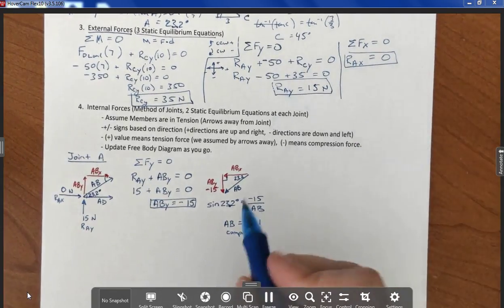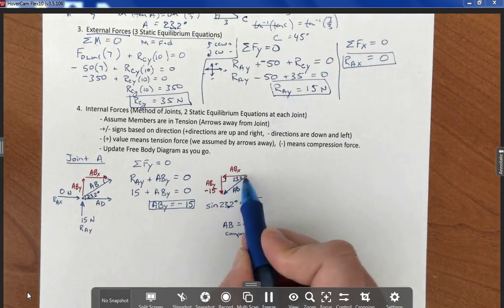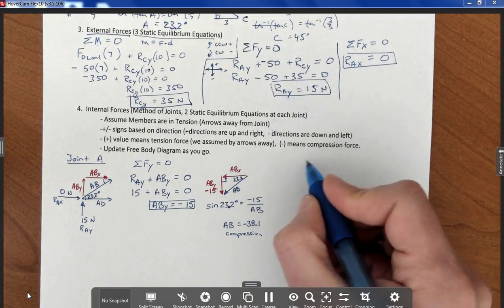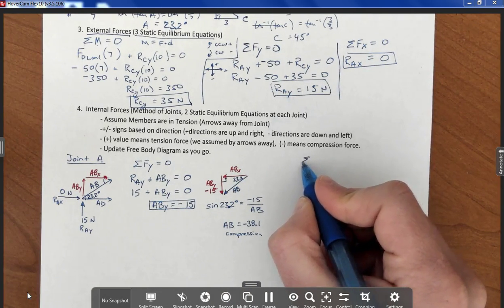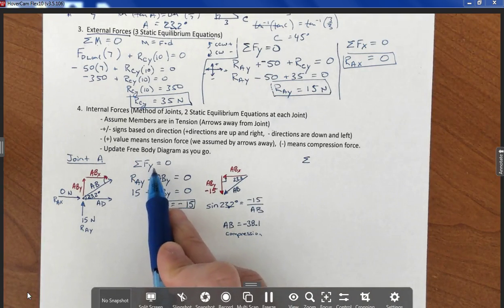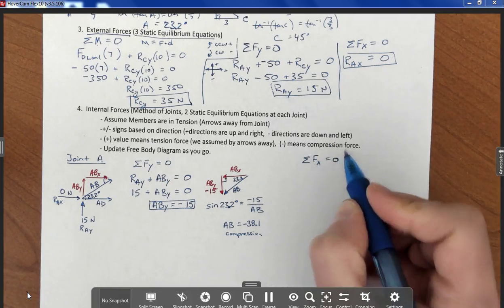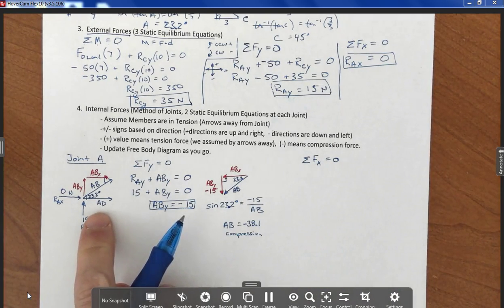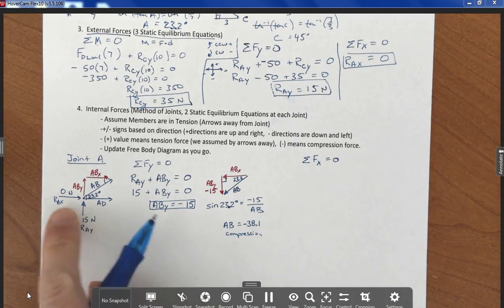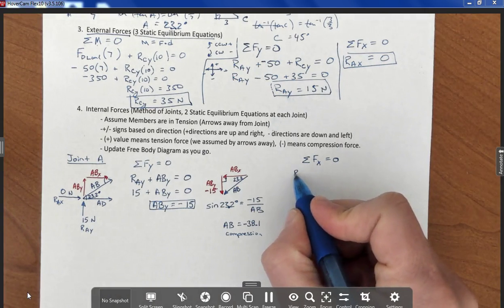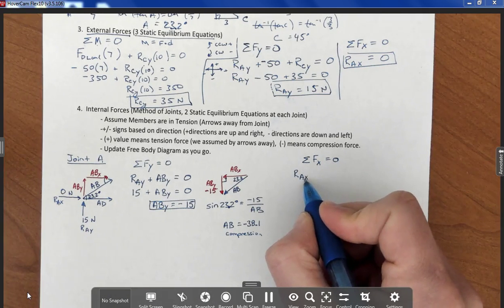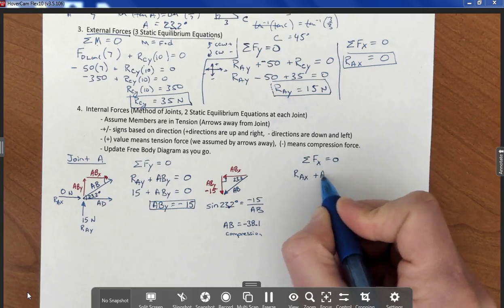Okay, now I'm going to do the same thing to find ABX, but just to make sure you understand why, look, the next thing I would do is, instead of saying the sum of the forces in the y direction is 0, I'd say the sum of the forces in the x direction have to be 0. And when I look for all the forces in the x direction, there are 3. There's the reaction force at A in the x direction. There is member AD.